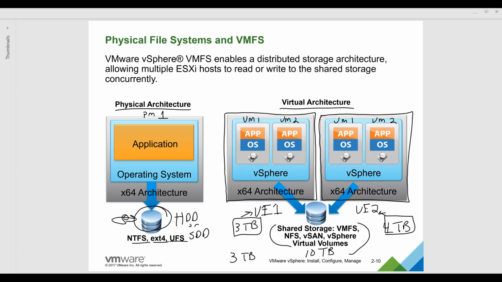I really want to give that 500 more gig of storage space. Got some more stuff we're going to be adding, maybe a new VM to Virtual Environment 1 here. Let's take this down to 2 terabyte, add 1 terabyte here. Now we have 4 terabyte. And as I stated before, we have no downtime because we were able to increase the storage size, because it's all shared within one environment.